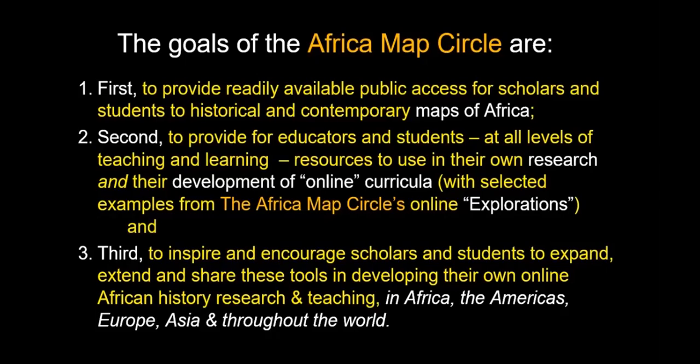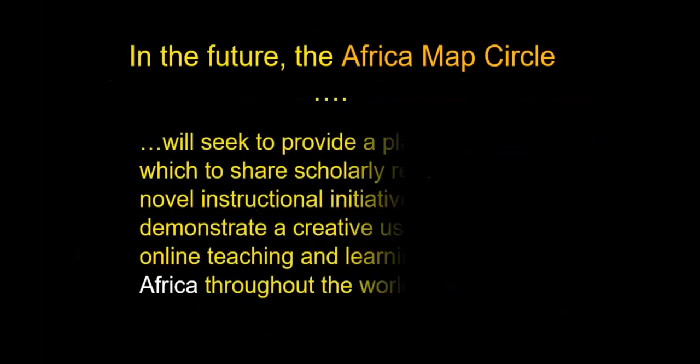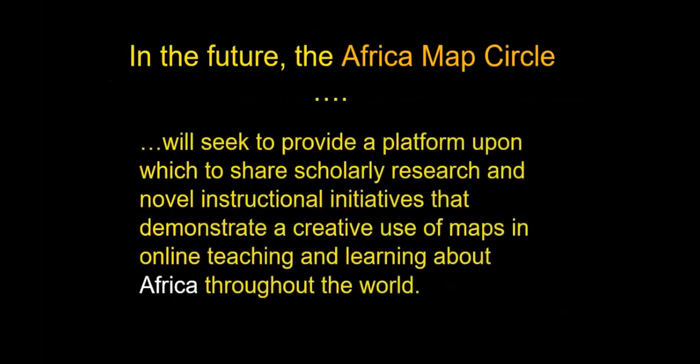All of these new extensible research areas can be absorbed in what the Africa Map Circle is beginning to undertake. In the future, the Africa Map Circle will seek to provide a platform upon which to share scholarly research and novel instruction initiatives that demonstrate the creative use of maps in online teaching and learning about Africa throughout the world.